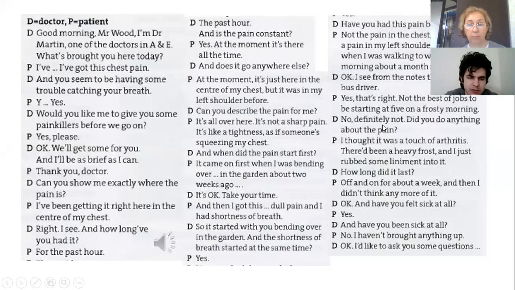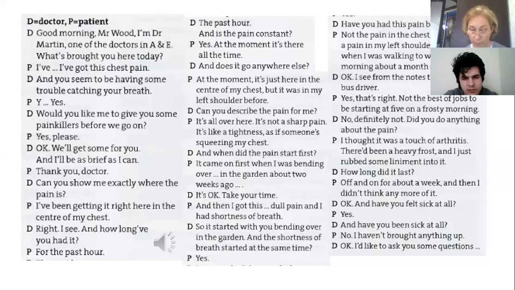Right, I see. And how long have you had it? For the past hour. The past hour. And is the pain constant? Yes. At the moment, it's there all the time. And does it go anywhere else? At the moment, it's just here in the centre of my chest. But it was in my left shoulder before. Can you describe the pain for me? It's all over here. It's not a sharp pain.